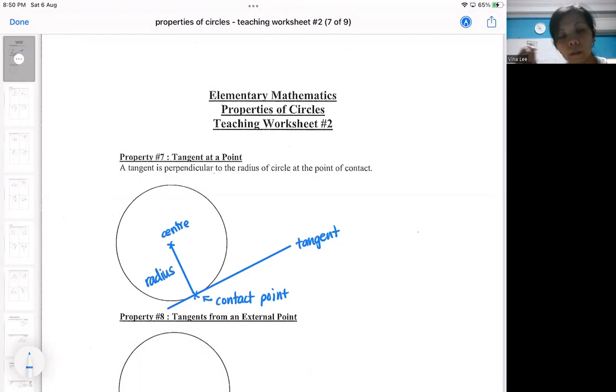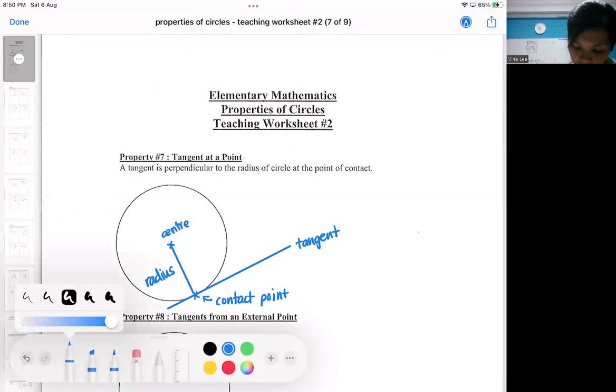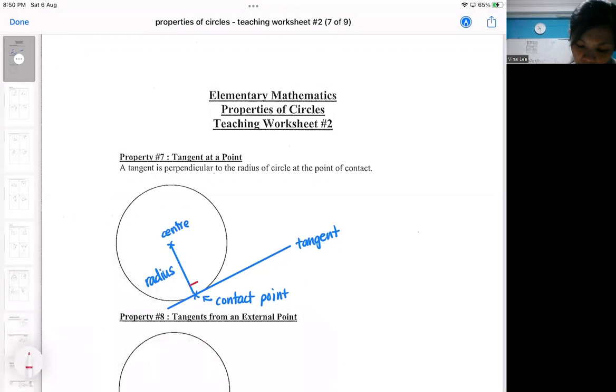So there is an important property here. The radius and the tangent will be perpendicular. So this one will be 90 degrees. Remember there was previously another property, angle in a semicircle, that also provided you with a 90 degree.